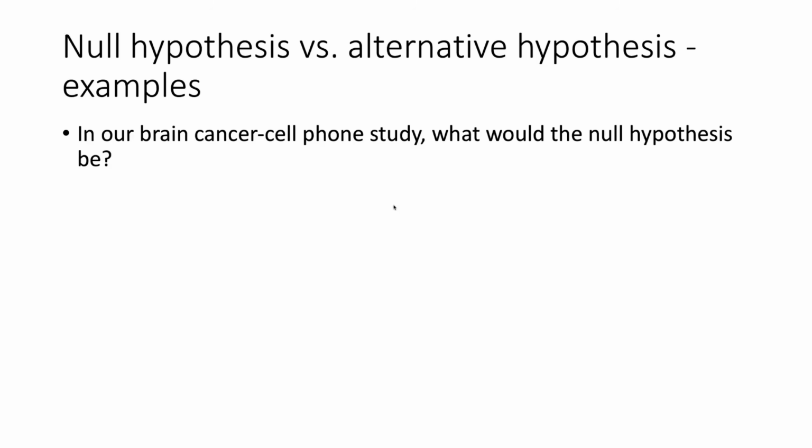So not that there's absolutely no difference, period, but no difference relative to what? To having brain cancer. Perfect. Yeah, exactly. So say it one more time. In a cohort study, what would be the null hypothesis? In the cohort study, there would be no difference in patients with brain cancer that have used cell phones often.